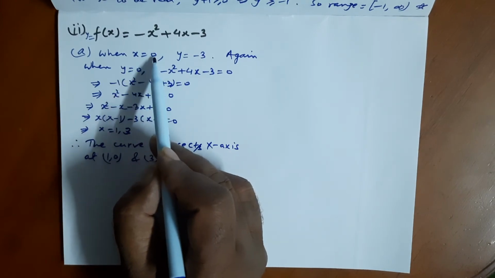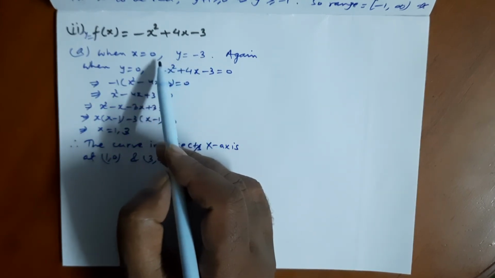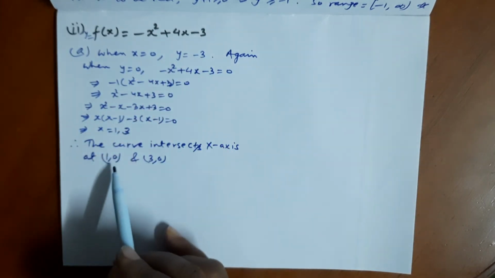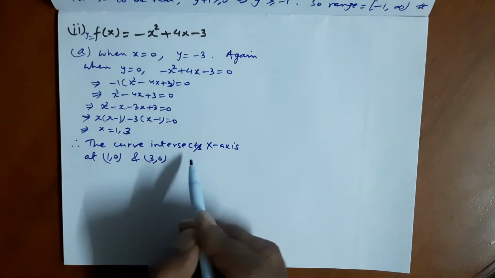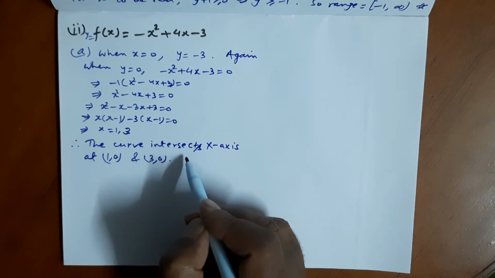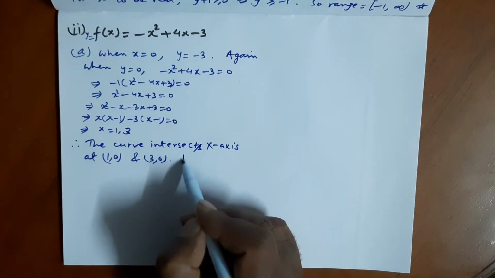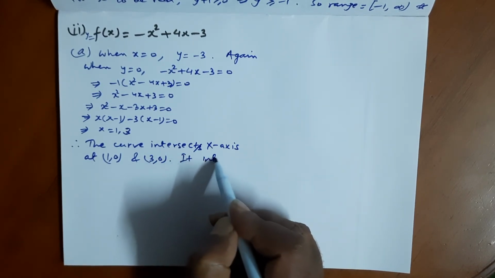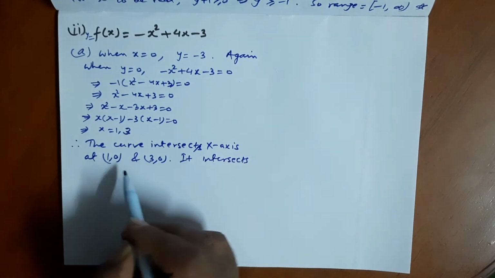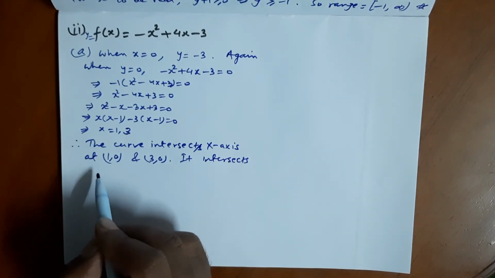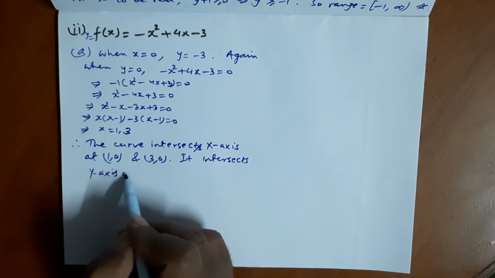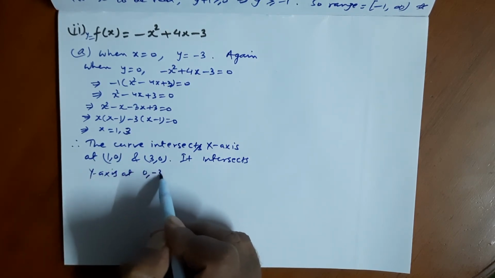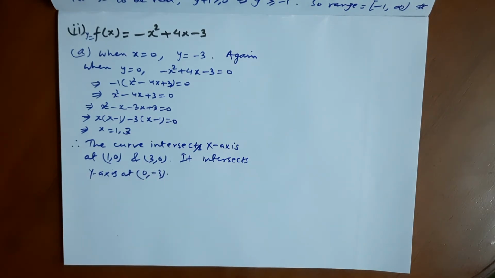When x equal to 0, means it is the y-axis, so it intersects the y-axis at (0, -3) and the x-axis at (1, 0) and (3, 0).